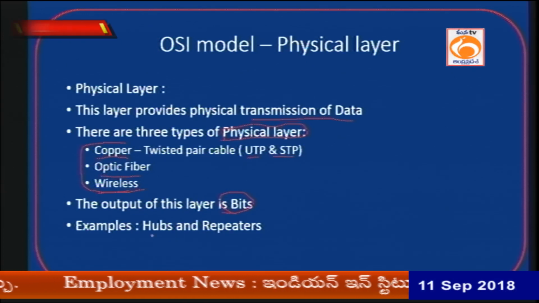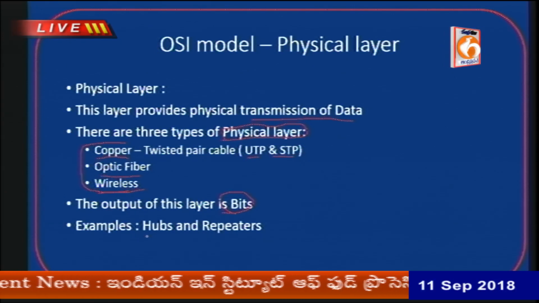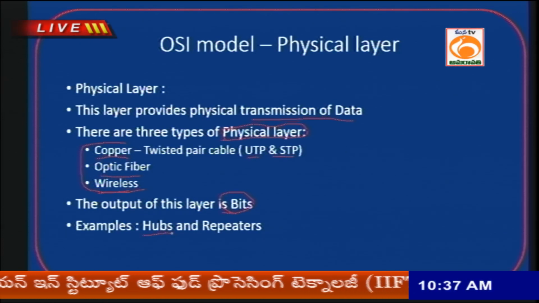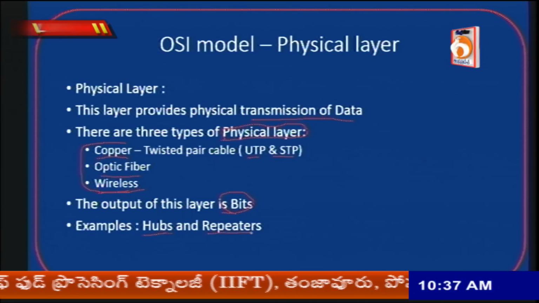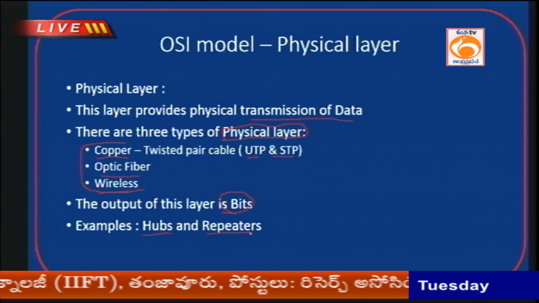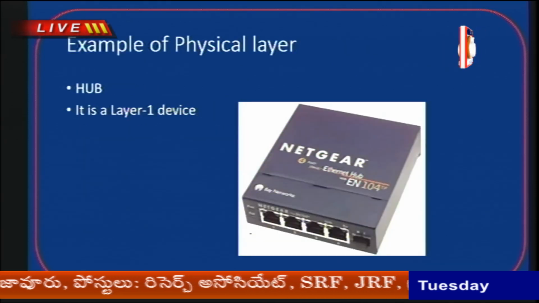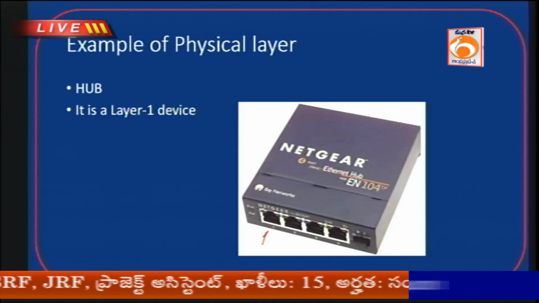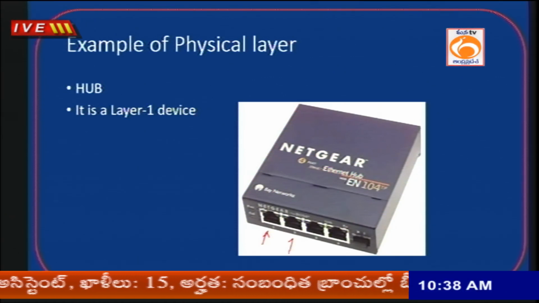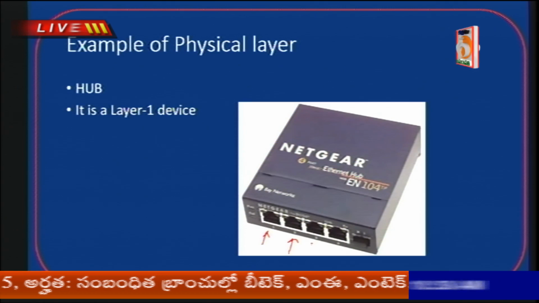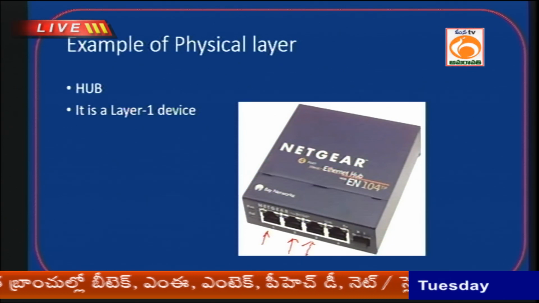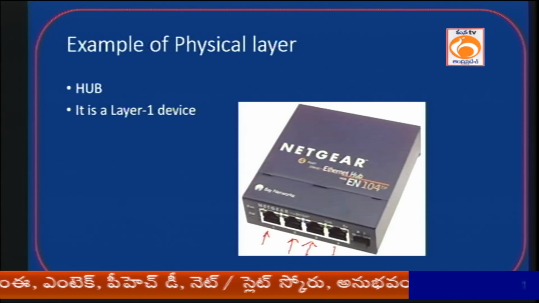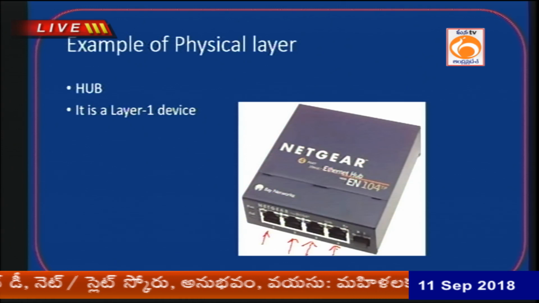And examples of the hardware devices that are used in this layer are hubs and repeaters, and we can actually see an example of a hub. You can see there are 4 ports available here, so 4 different computers can be connected to this hub. But a hub is not an intelligent device and is not widely used by organizations because it broadcasts every communication.